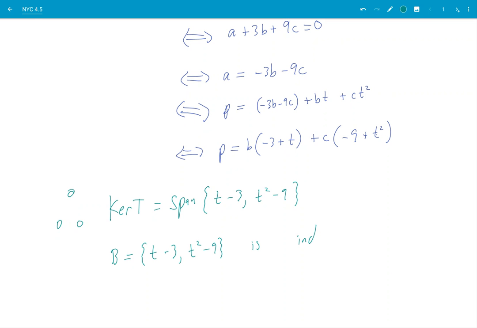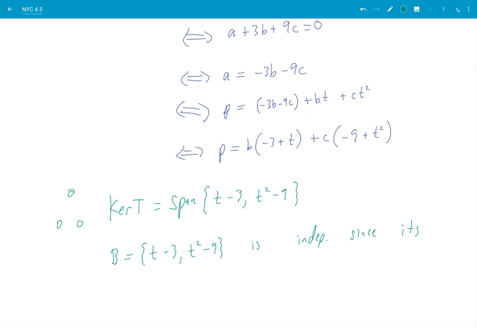It is independent since its elements, I have two elements, right? And they are not multiples of each other. They're not scalar multiples of each other. You may say, "Oh, wait, sir. If I take this guy times t plus 3, I get this one." That doesn't count.